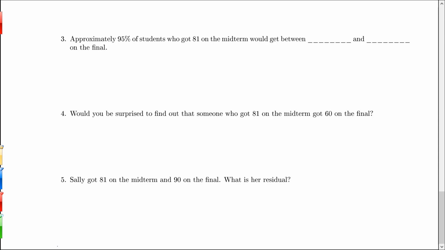Now in part 5 here, Sally got an 81 on the midterm and 90 on the final. What is her residual, or her error? That's what the residual means. It's just another word for error. So our residual is going to be equal to our actual y value minus our predicted y value.